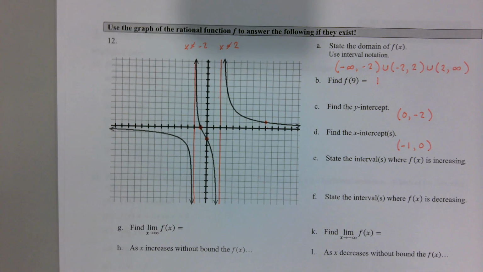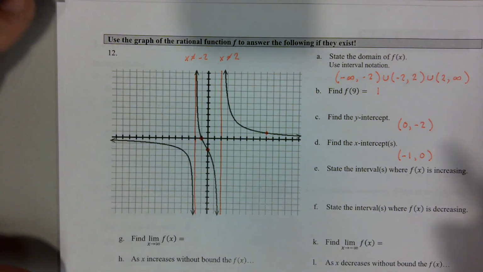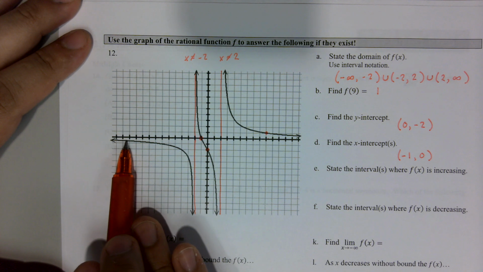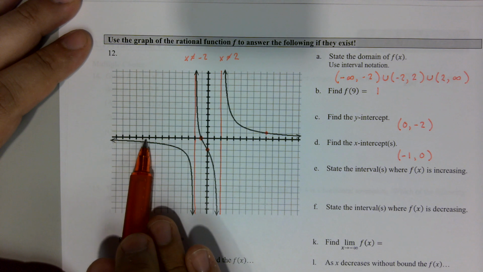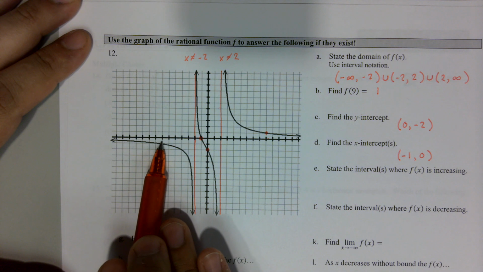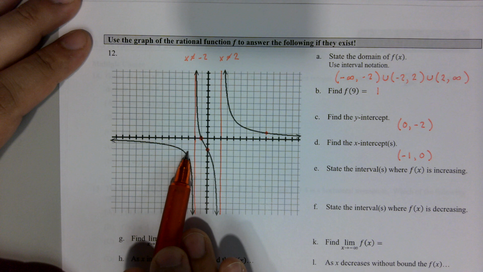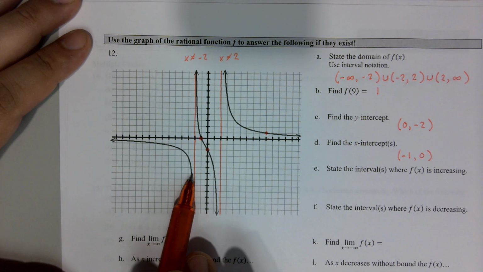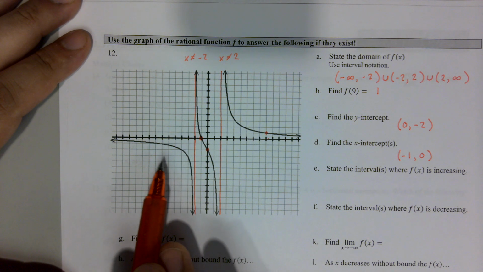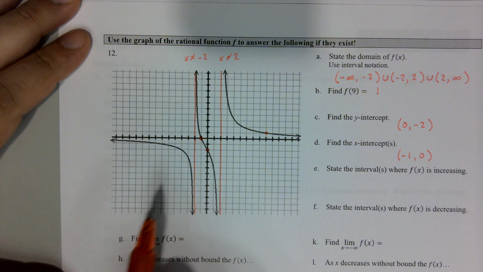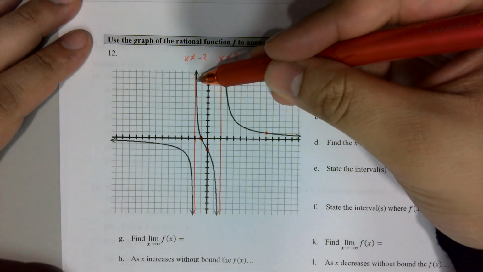So increasing, well, starting from over here, as we move right, we have to keep going down to get to our y coordinate. So right down, right down, right down. So all of this right here, it is decreasing. Okay, so no intervals of increase over here. What about over here?